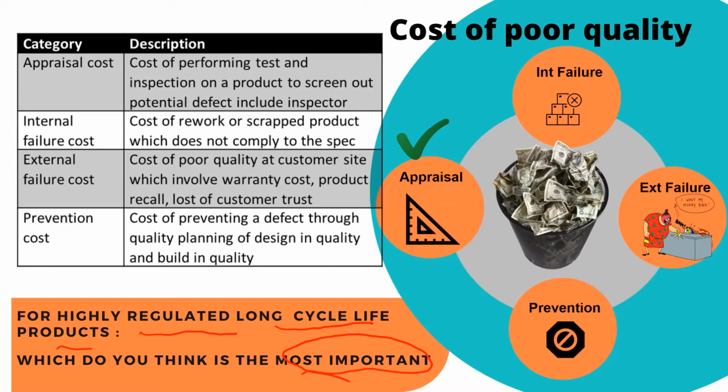An organization should do whatever it takes to eliminate external failure and protect the customers. So the next best alternative is to put in screening or inspection to screen out potentially bad parts which could harm the customers. Therefore, appraisal costs should be the main attention given in such circumstances.